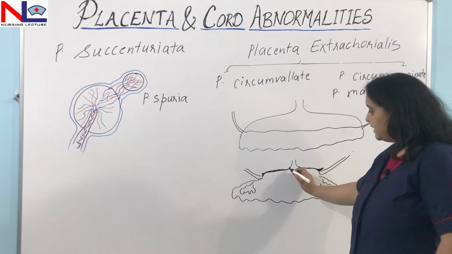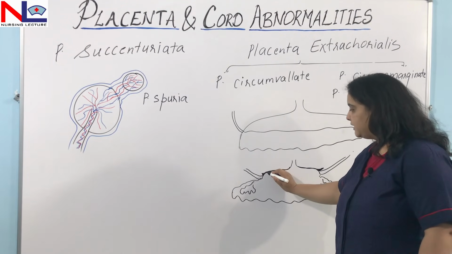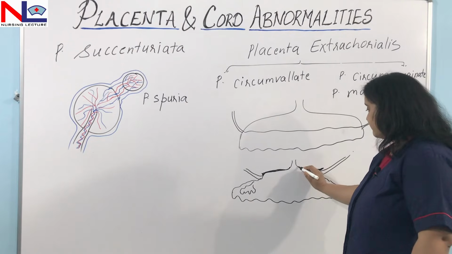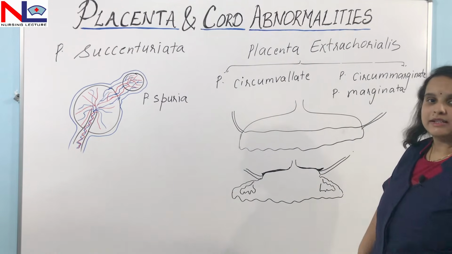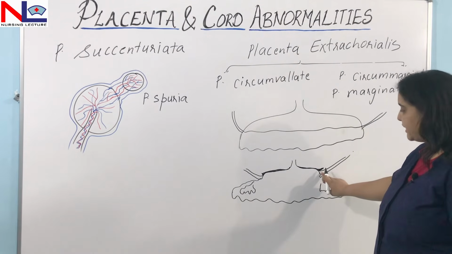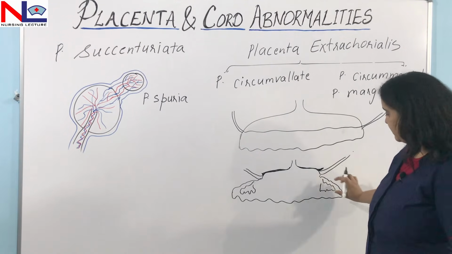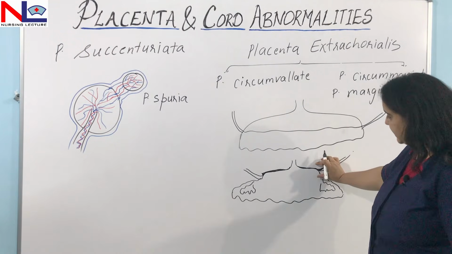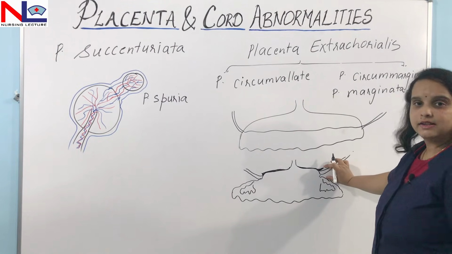So a thin fibrous ring is forming near the center in this placenta marginata, and the membranes arise not at the margin but insert near the center.